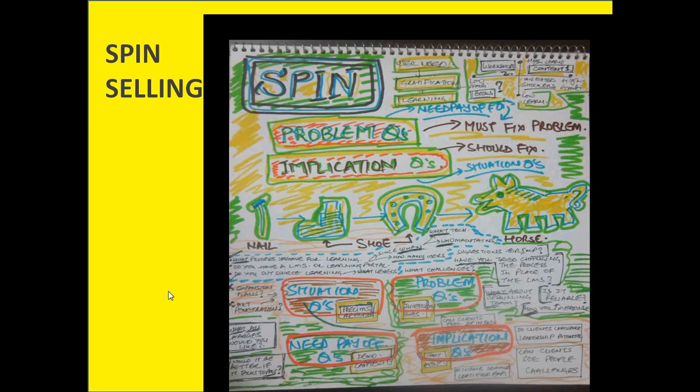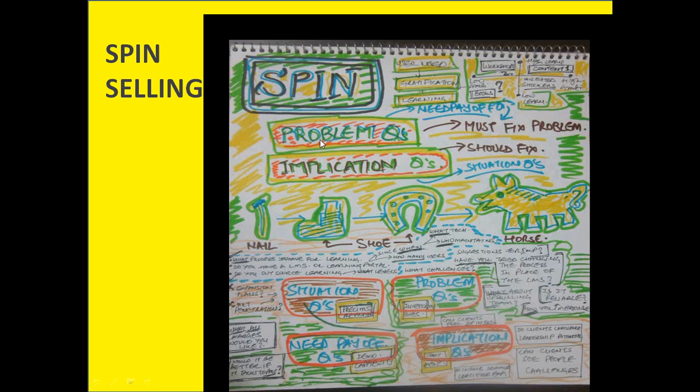Okay, let's look at a few other examples. Now I'll just take you through this particular mind map before I go ahead. Of course, SPIN selling, that is the user need. There is gratification and there is learning that is happening. How is that happening? Because you are asking them problem questions, and then there is a need payoff which is happening.